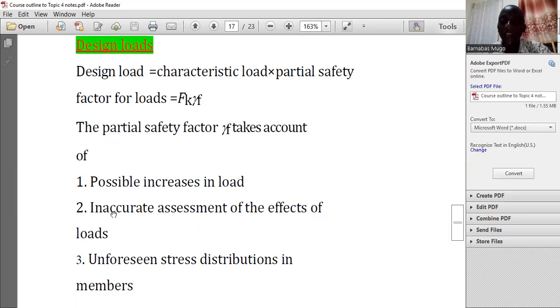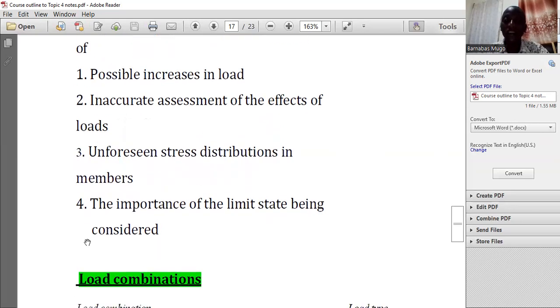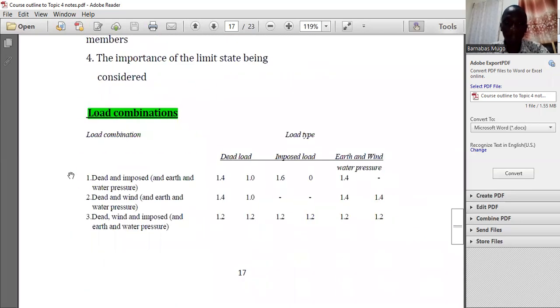The factor of safety takes care of, number one, the possible increase in the loading; number two, the inaccuracy that occurs in our calculation of the loading; and also the unforeseen distribution of stresses within the members, and the importance of limit state design being considered.